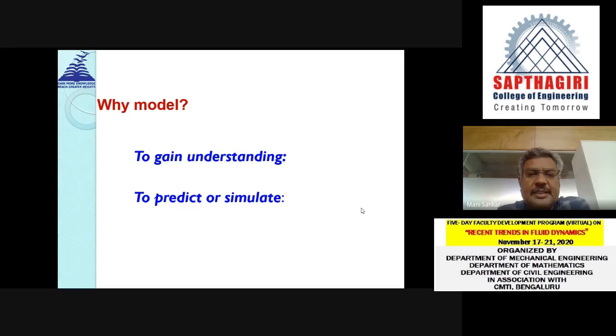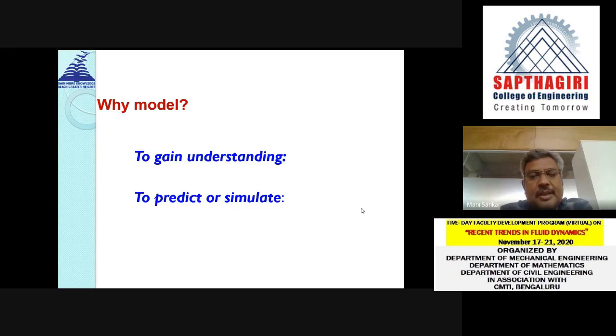Okay, and as I said, the second important purpose of a mathematical model is to predict what's going to happen to a system, or to generate numerical simulations for a particular physical problem. So with these two major motivations or aims of mathematical modeling, when we, as mathematicians, do mathematical modeling and provide a solution for a particular situation, it would be more helpful.